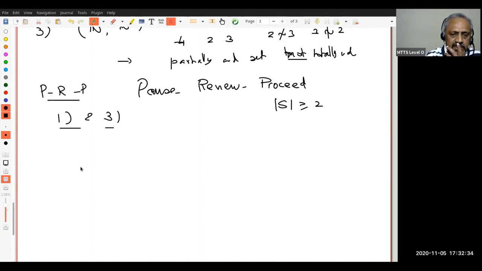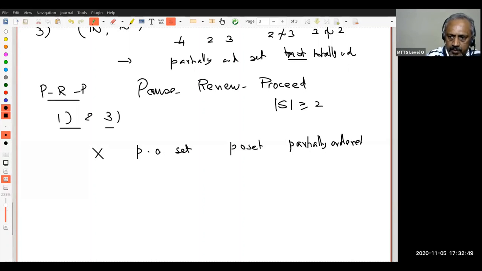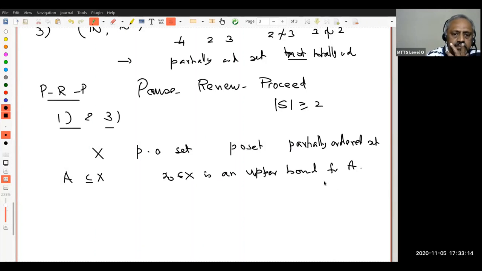What are the concepts? First, suppose X is a partially ordered set, one usually calls it a poset, and suppose A is a subset of X. Then what I want to call an upper bound: I say an element x naught in X is an upper bound for A. Think of the real number system.